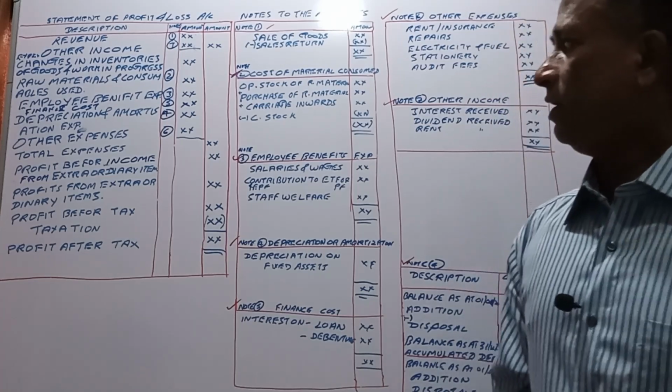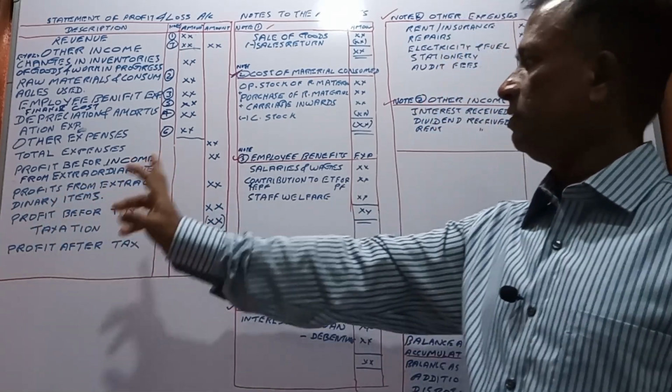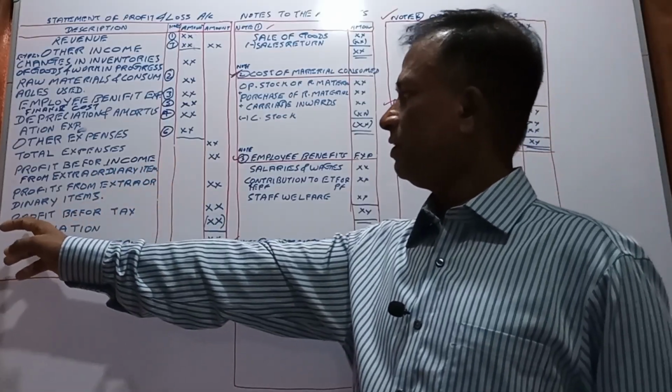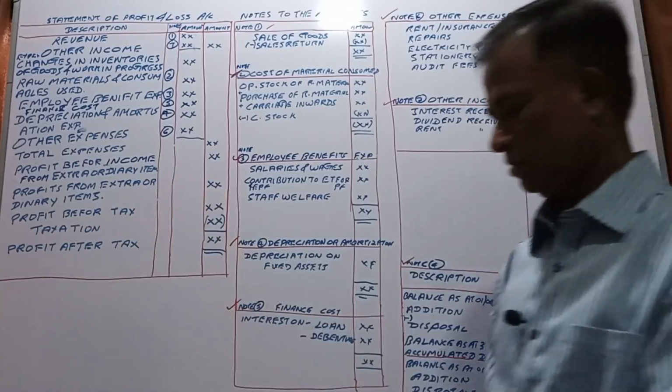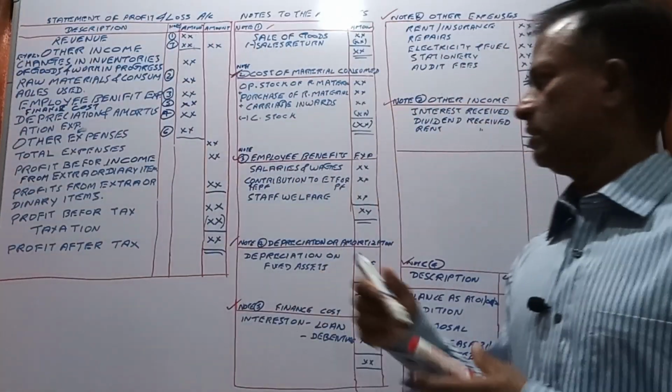Then profits from extraordinary items, and thereafter profit before tax. This is profit before tax.